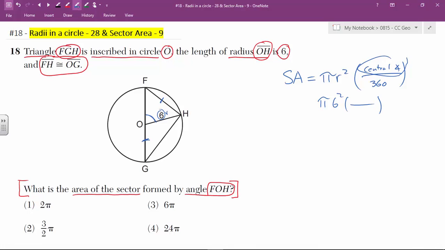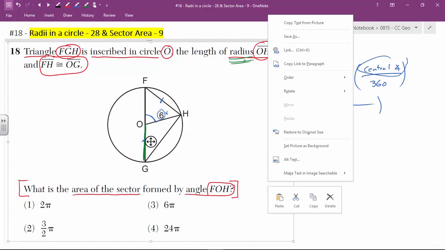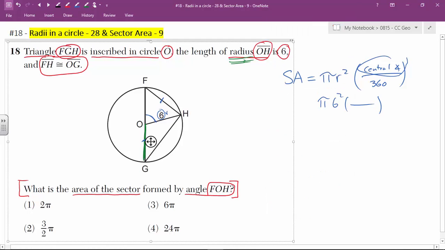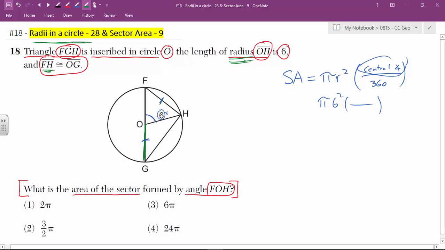So make note, they tell you that the radius is this. And then they say, hey, one of your radii right here is equal to FH. It's equal to this piece right there. Well, what do we know about all radii in the same circle? They're equal. So if I know this radius, OH, is 6, I know OG must also be 6.